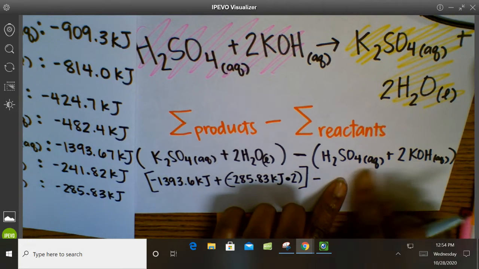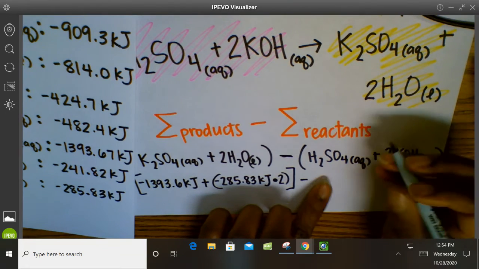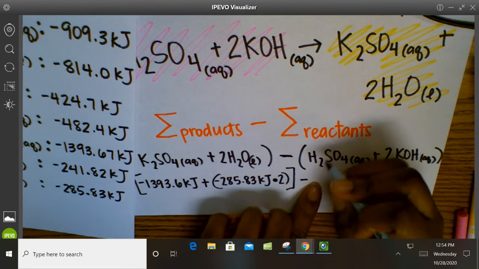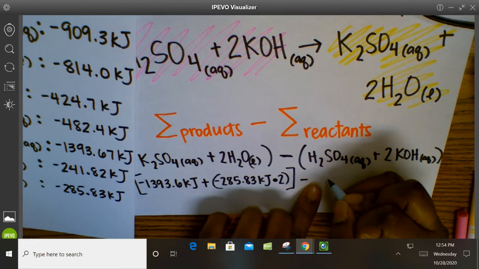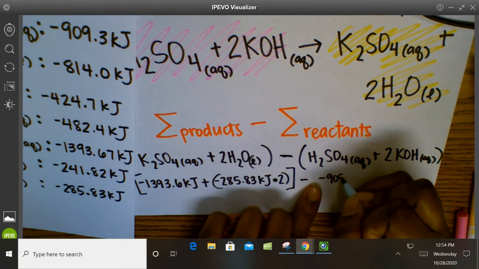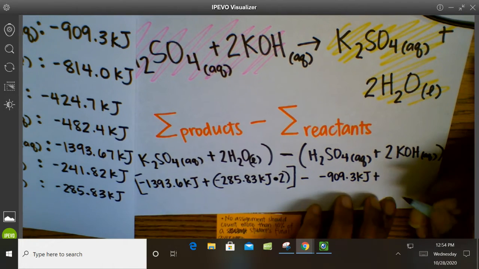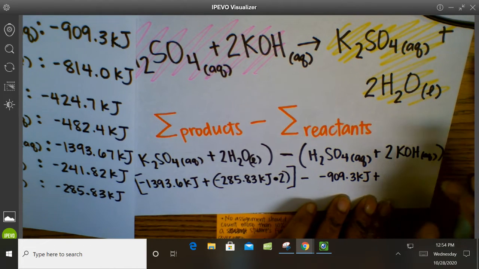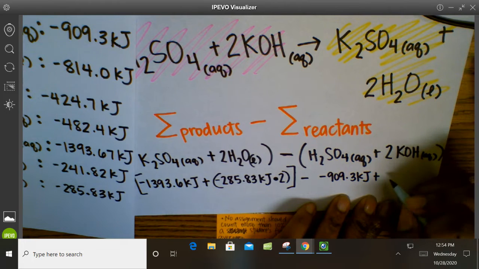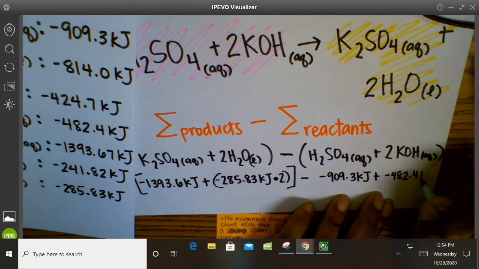So when I add this together, that will give me the sum of my products. And now I'm going to do the same thing for the reactant side. I go and I find H2SO4, negative 909.3. And I have KOH, aqueous, which is negative 482.4 kJ.